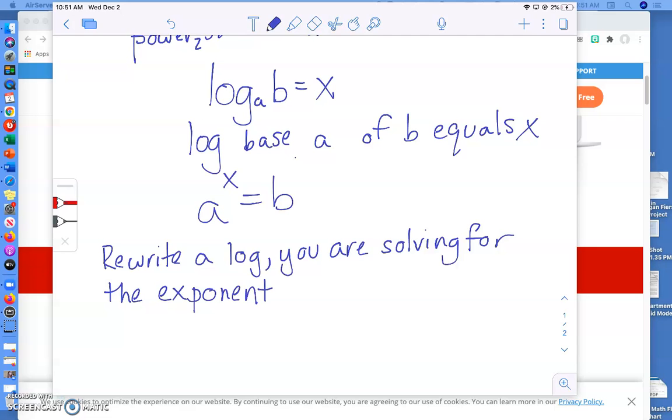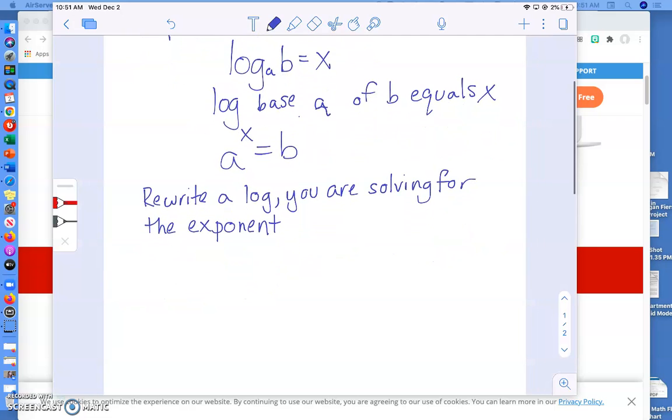And another key to remember when you're rewriting these is the base of a log is the base of the exponent.